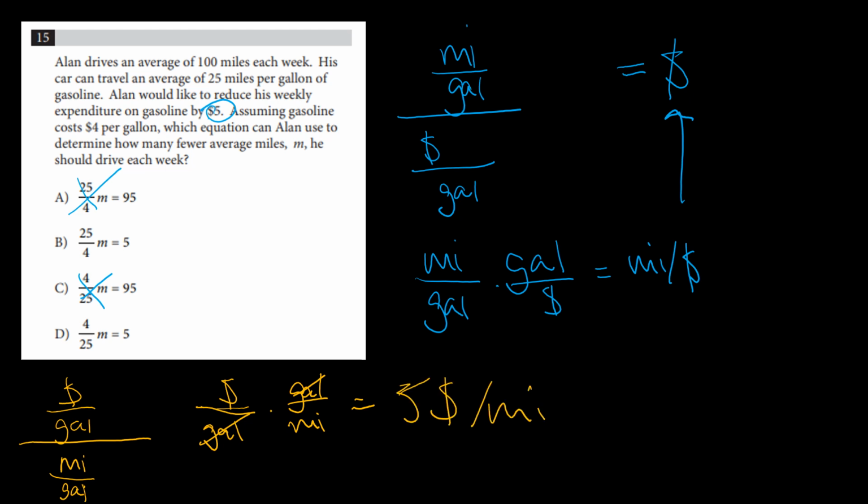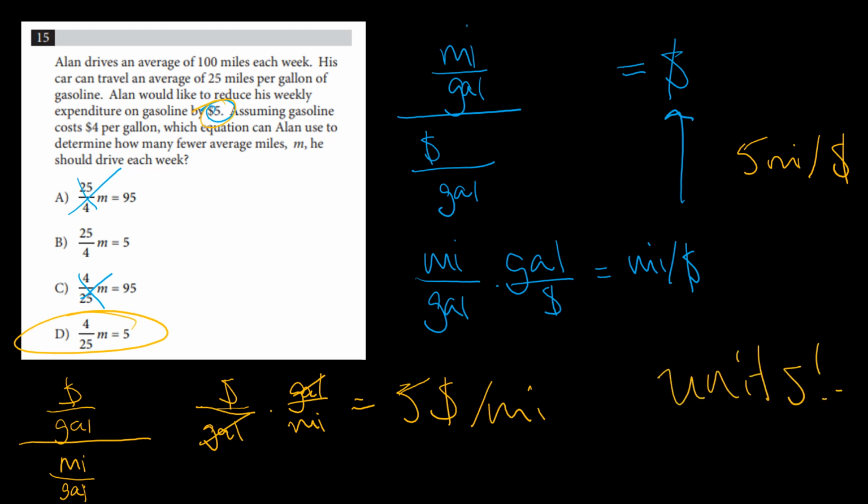And that makes sense because we'd like to reduce the amount of dollars we have by 5. Up here, we were saying we want to reduce 5 miles per dollar. That doesn't make any sense. We're left with answer choice D. Lesson here is use the units in the problem a lot of the times, and they will help you get the answer you need without necessarily even doing the math a lot of times.